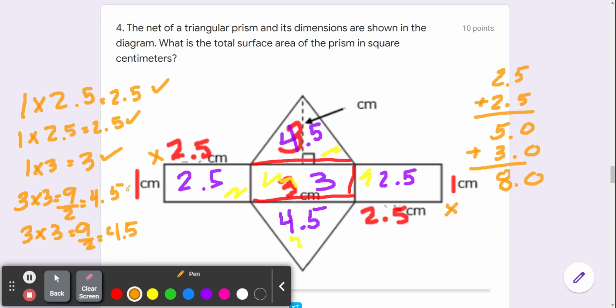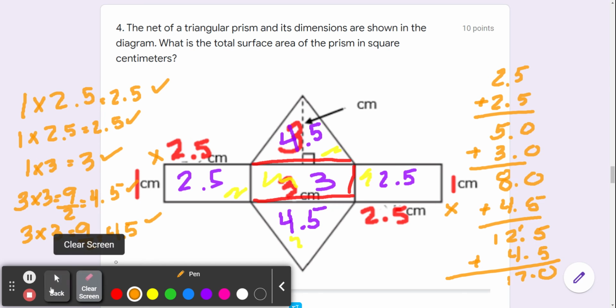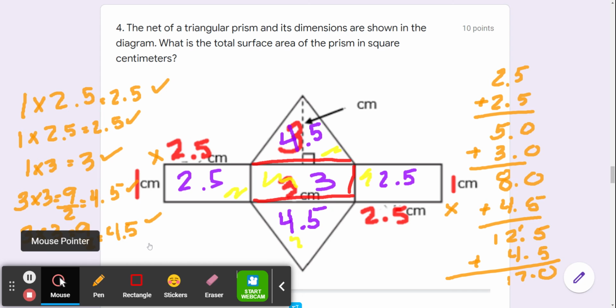And now I need to add the 4.5, and then this last 4.5. I need to make sure I add every single face. So the total surface area for this one should be 17.